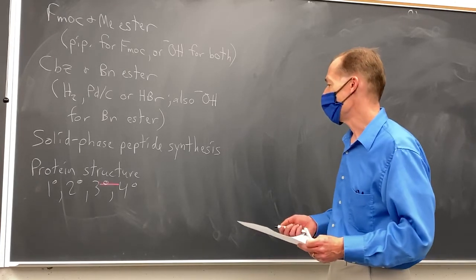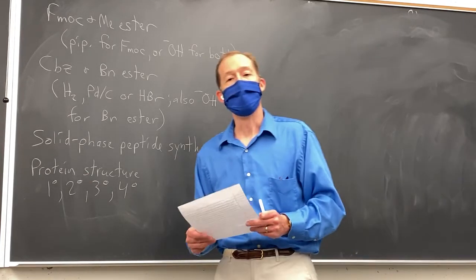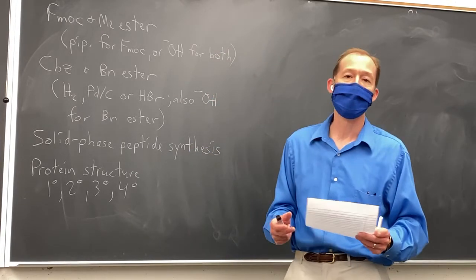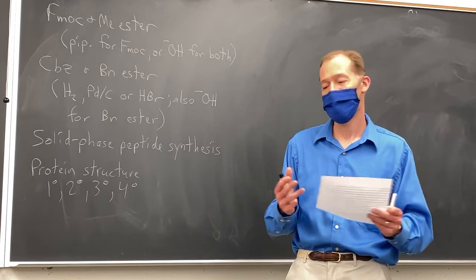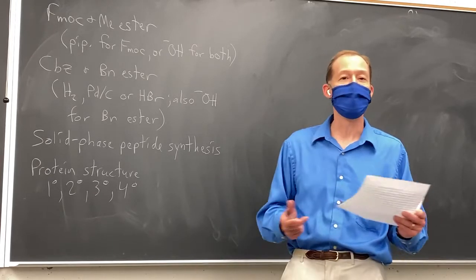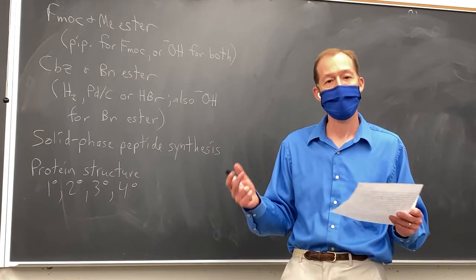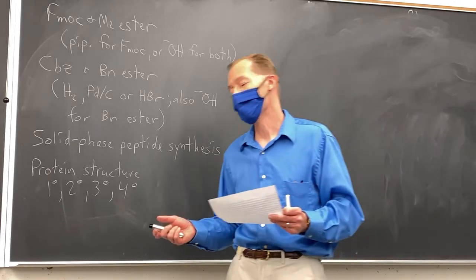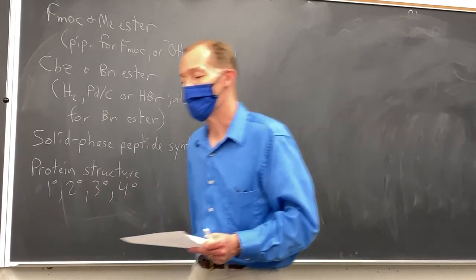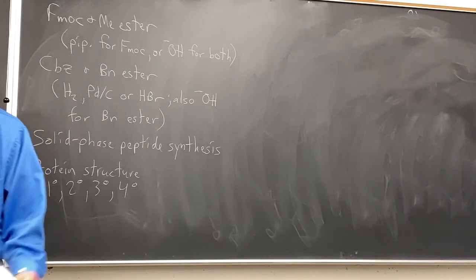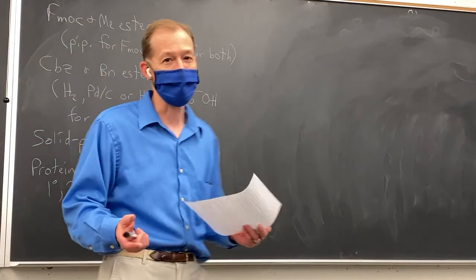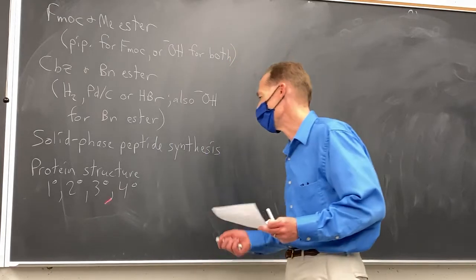And then tertiary and quaternary structure, we talked about the types of non-covalent forces that would be involved in those cases. Disulfide bonds are a covalent bond that are involved in tertiary as well as quaternary structures. And there's a couple of figures in your book that summarize this very nicely that we showed in class as well.